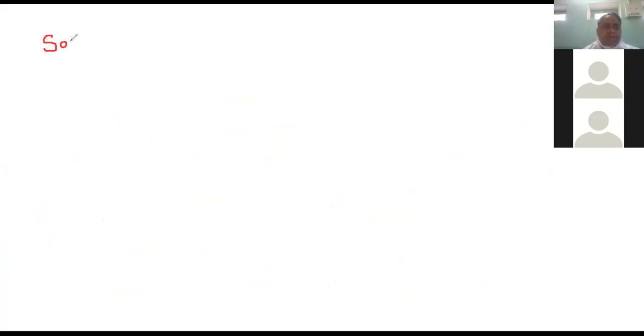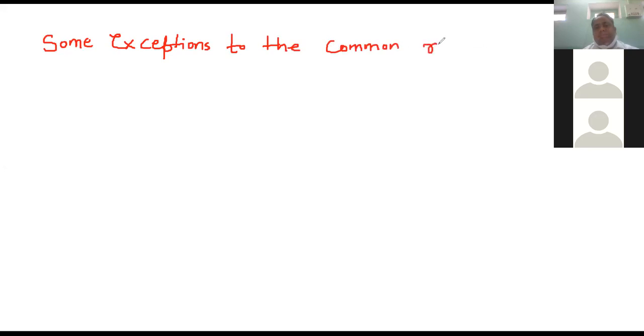Some exceptions to the common rules of finding oxidation number.